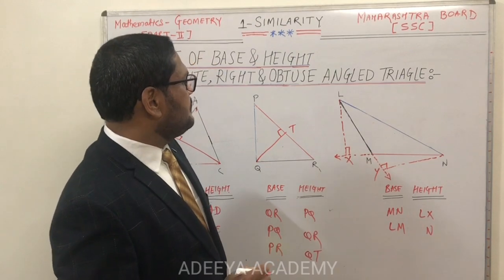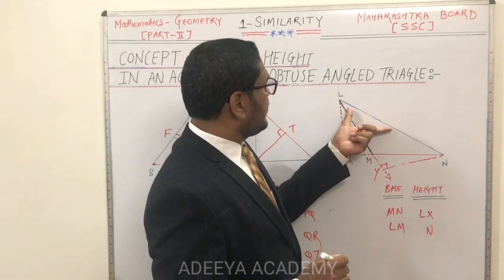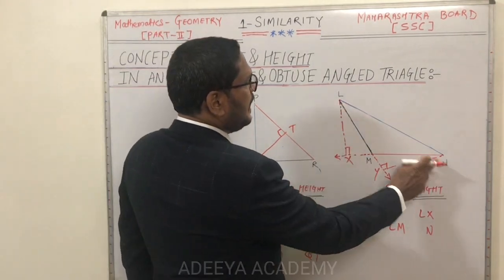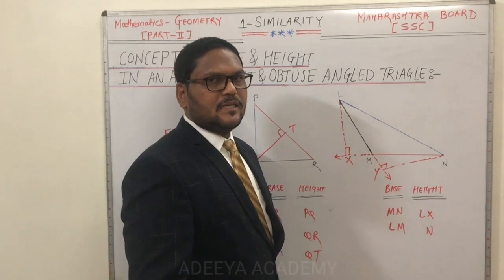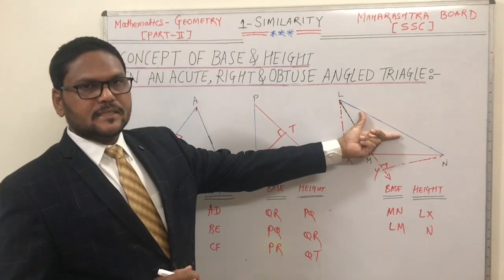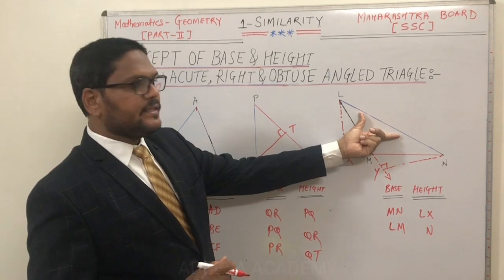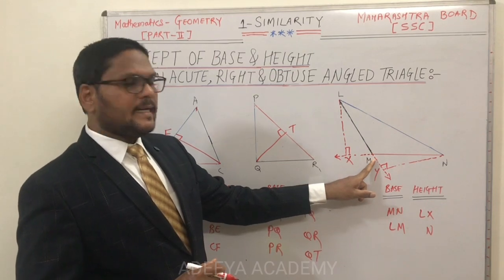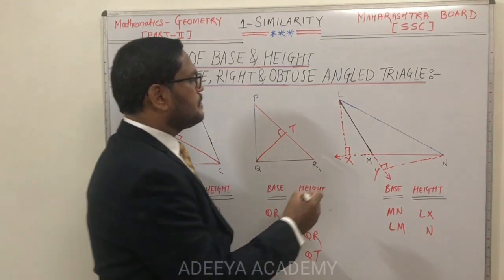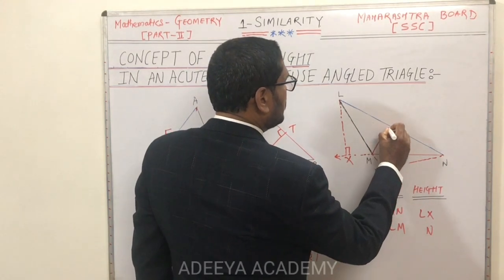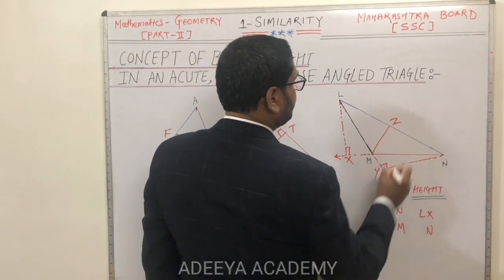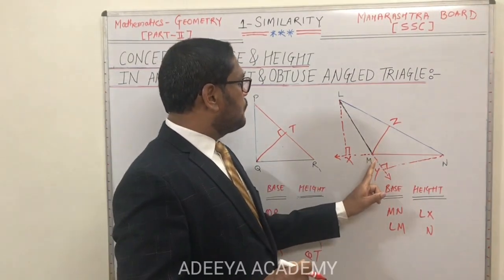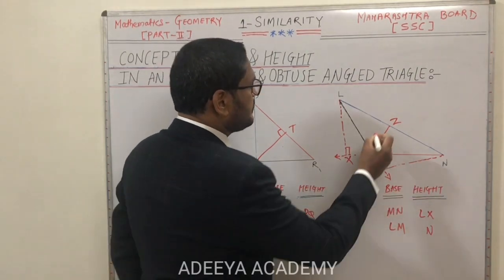Okay, then take this side LN. If we consider LN to be the base, then its height, that is the perpendicular, has to be dropped from its opposite vertex, that is vertex M. So we draw perpendicular MZ from vertex M to side LN.